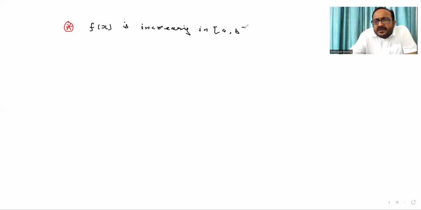Increasing means f dash x will be greater than 0. Right?